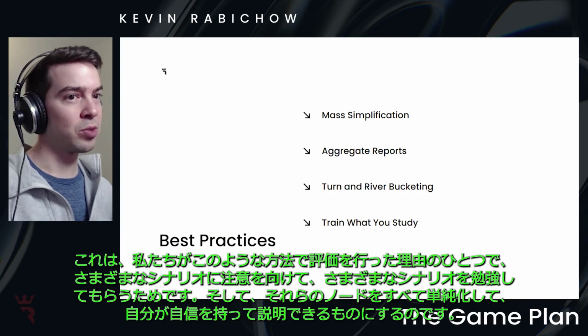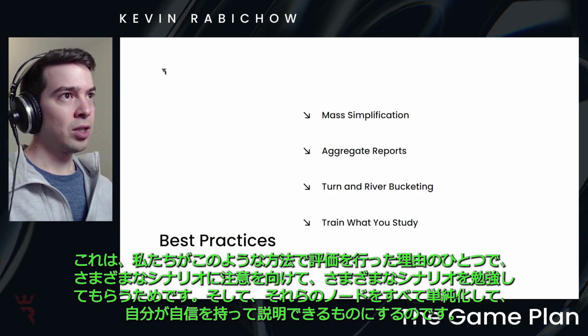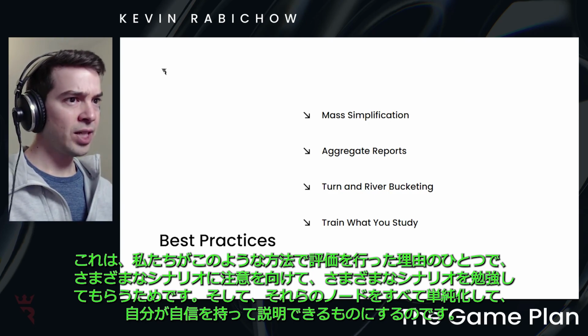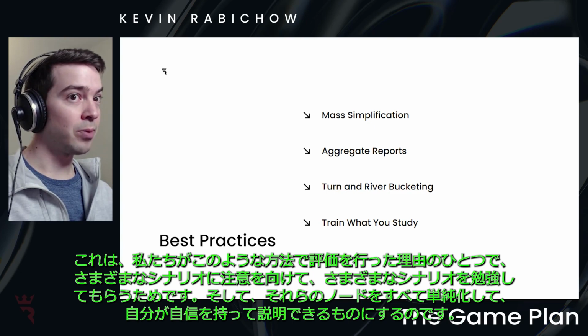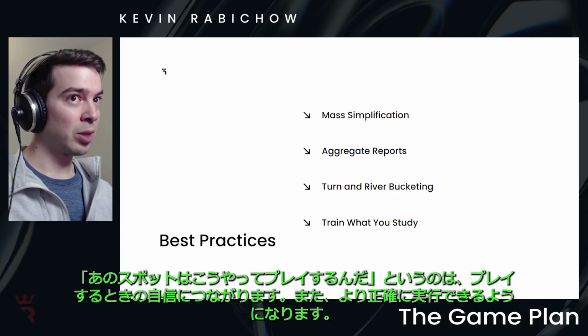And this is part of the reason we did the evaluation in the way that we did, to bring your attention to all the different scenarios there are to study, all the different scenarios there are to be aware of, and simplifying all of those nodes into something that you can describe, into something you feel confident about saying, this is how I play that spot, is incredibly useful to give you confidence when playing, and also just to make you more accurate in your execution.